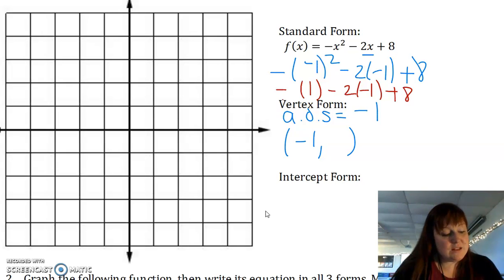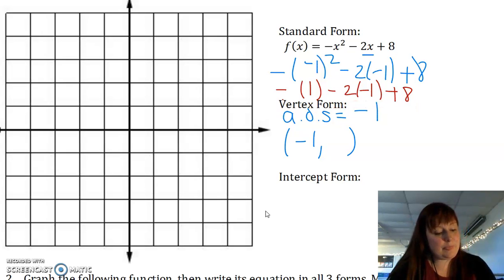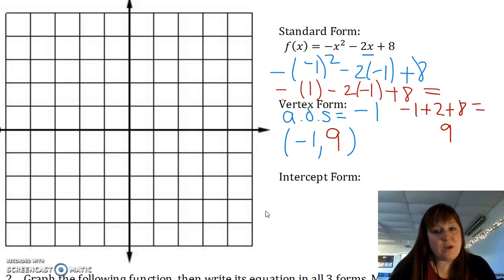So we have negative 1 plus 2 plus 8, and that gives us 9. So when x equals negative 1, y equals 9. Okay? So if I have my vertex, then I can just write it in vertex form.